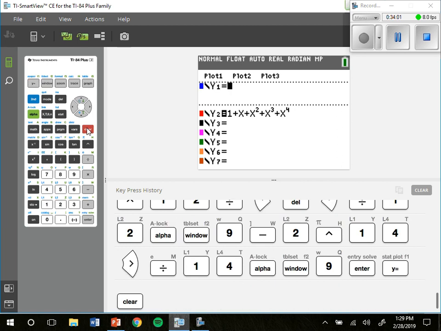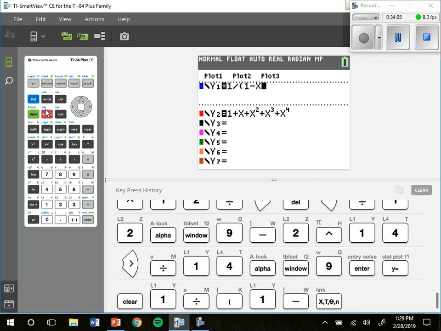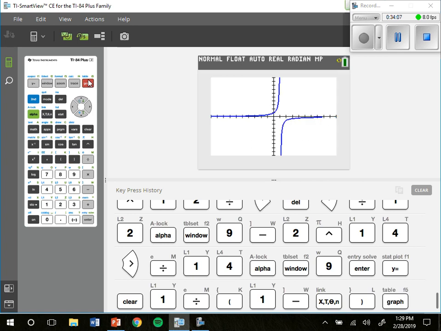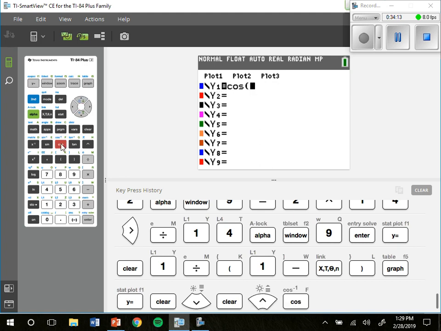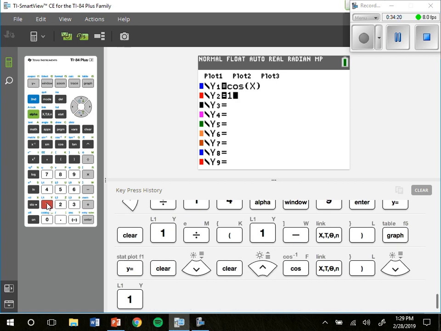Just like we did before, we had 1 over 1 minus x, and we graphed this polynomial and saw that it laid on top of itself between -1 and 1. The same thing should happen if we do cosine x. Without looking at your paper, what's your first term? 1. Then what? Minus all the even ones. Good.